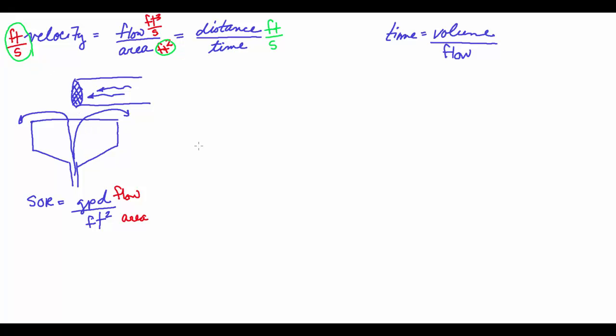Now things can get a little confusing when they give us dimensions for an open channel, for example. Because if you just read it in the problem and they said that this thing was 2 feet wide and 2 feet deep and 10 feet long, you would be inclined to go get the dimensions for length and width, but that's this rectangle here.